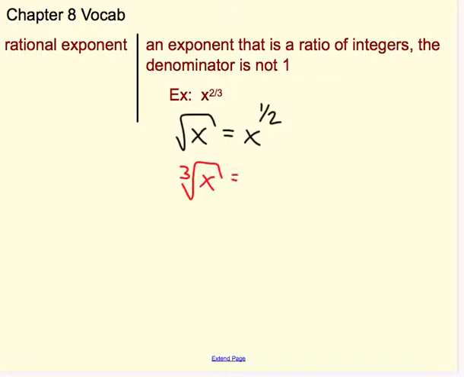That could be rewritten as x to the 1/3 power, because the denominator of the rational exponent is the root in radical form. So the difference between our 1/2 and 1/3 in this example here with the 2/3 is that would be the cube root of x squared, because the numerator for the rational exponent is the power on the variable.